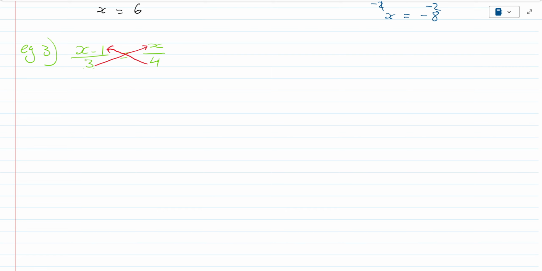So you're actually cancelling and moving at the same time. So we're doing 2 steps at once, which means that we don't need a denominator on our next line. So we're going to have 4 outside of x minus 1, and then 3 times x will just give us 3x. Simplify this side, 4x minus 4 equals 3x.